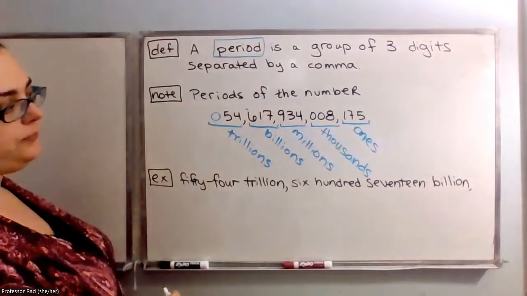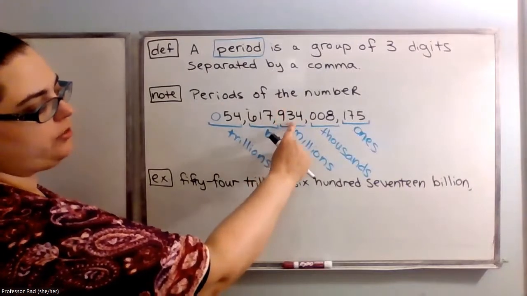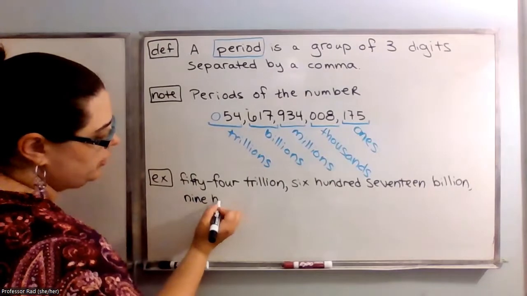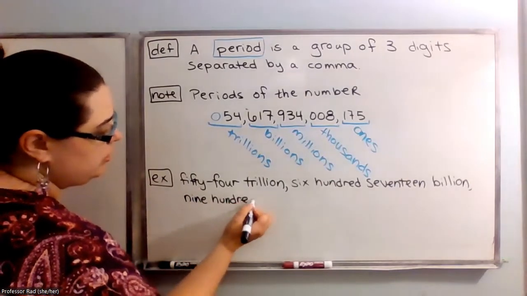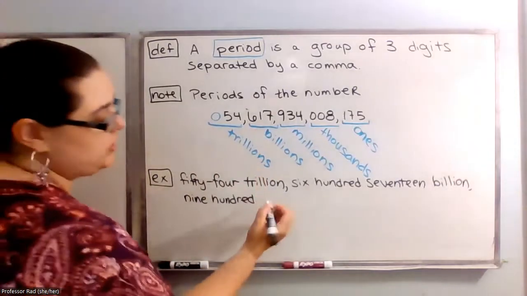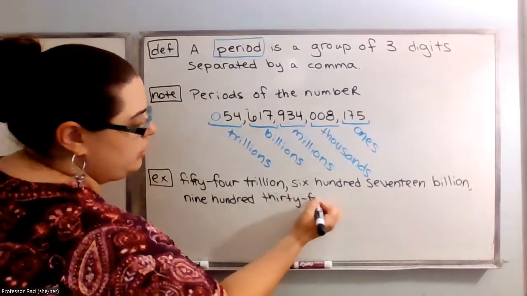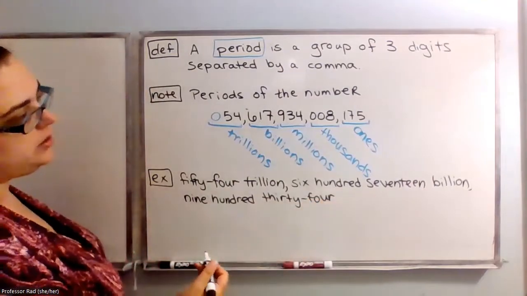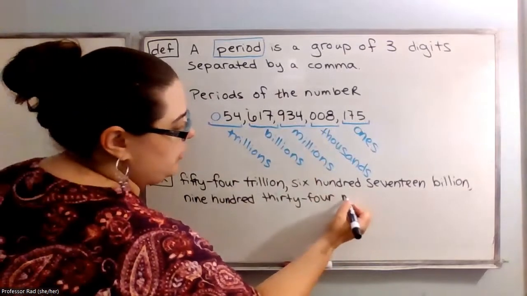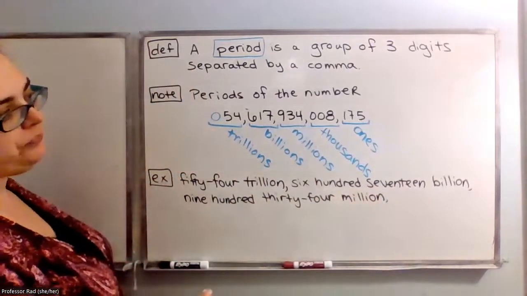Put in a comma. Then when I look at these 3 digits, this is 934. So we'll write out 934. Now, 34 is one of those dumpty-dum kinds of numbers, so it will be hyphenated. 934 is in the millions period, so we'll put million, comma.